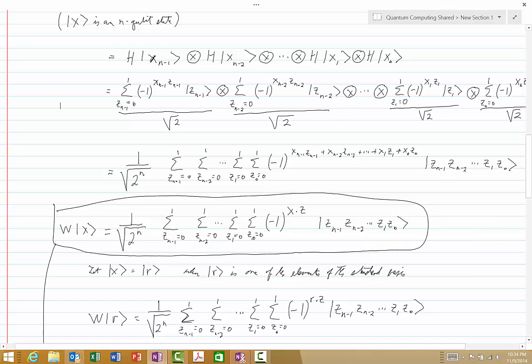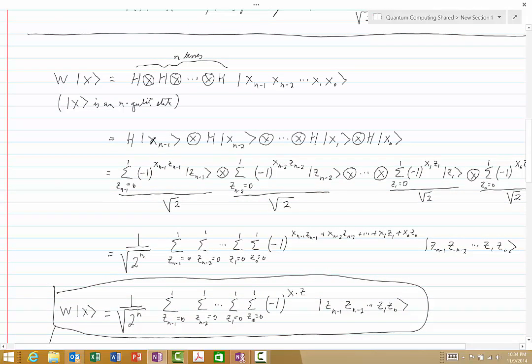So altogether, this state z, we're just going to shorten that and call it z, just like up here we're calling this xn minus 1, xn minus 2, x1, x0, we're calling that x.